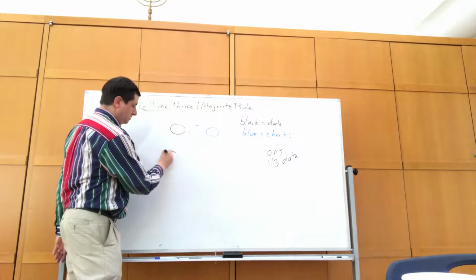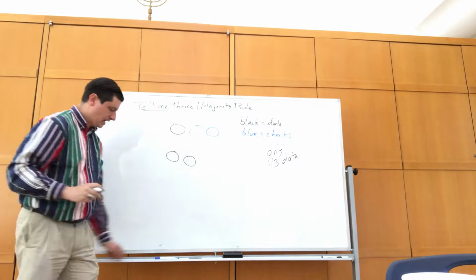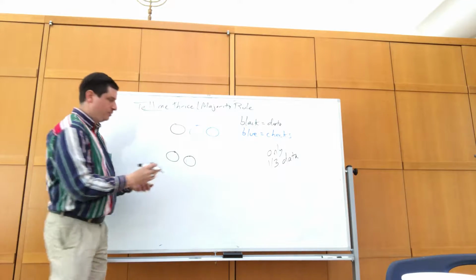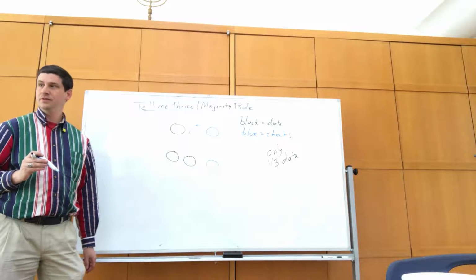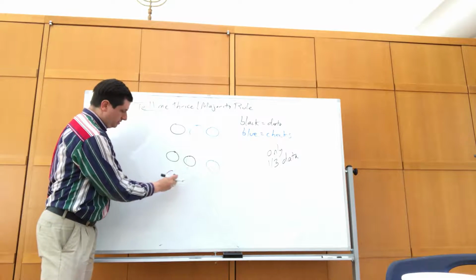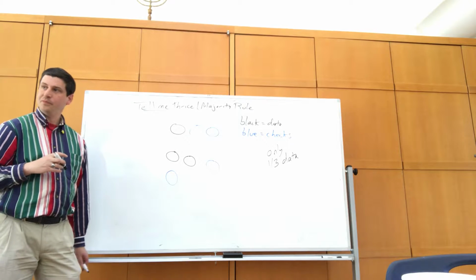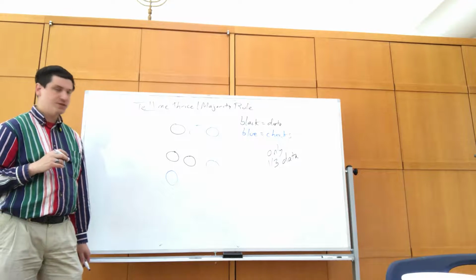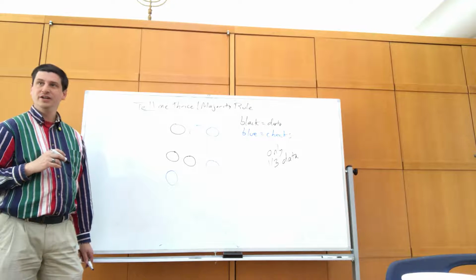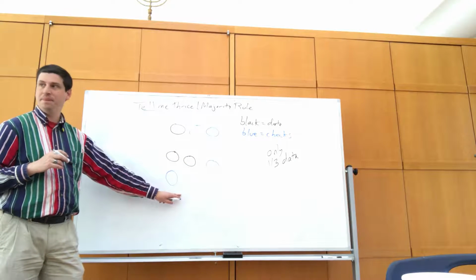Well, I could try to play the game as before. I could put a check digit here. And I could put a check digit here. So let's see if this would work. I'm missing the second column.